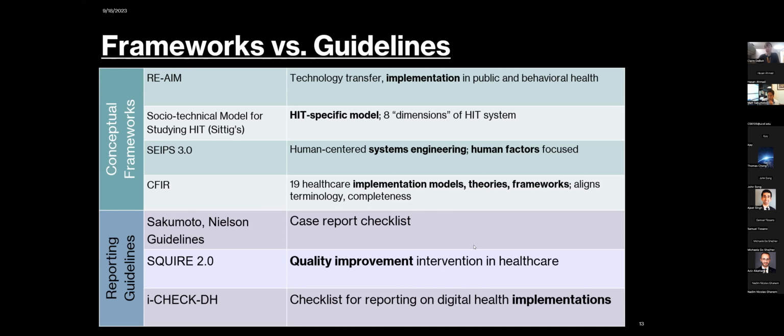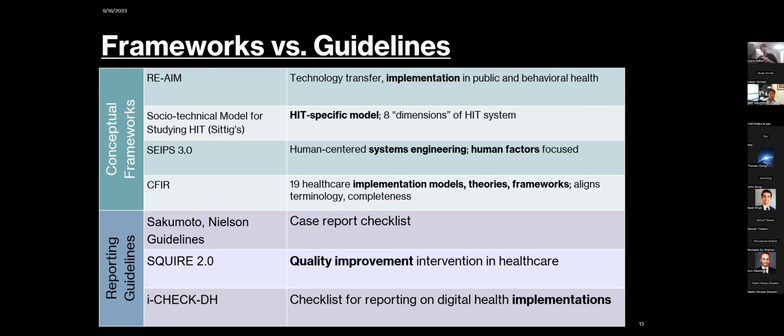And for me, when I met with Matt for the first time, we dove into some of these, and I was like, oh man, I have to screenshot this for later. Because if I'm going to be implementing a new HIT system, then CITIGS is the one that I want to use.